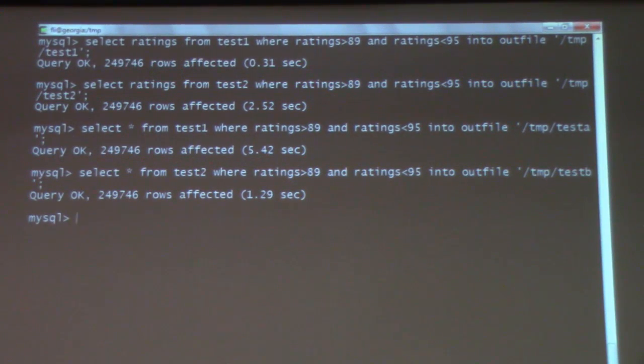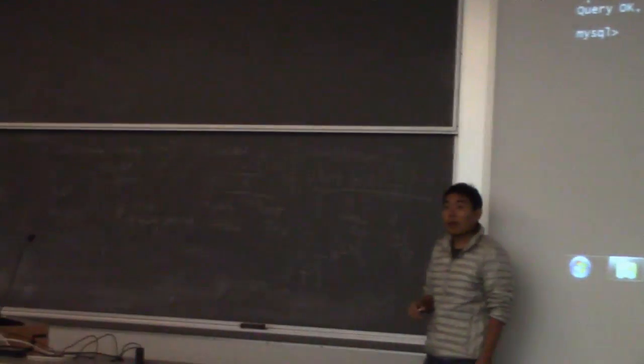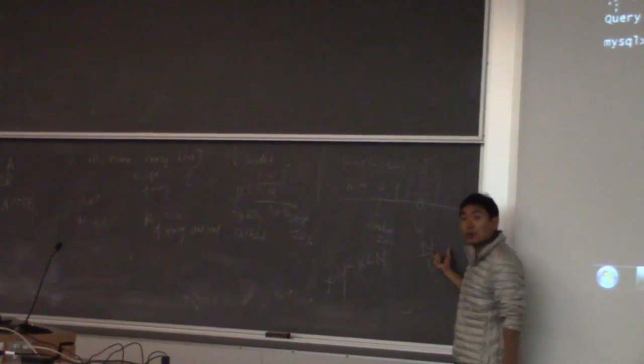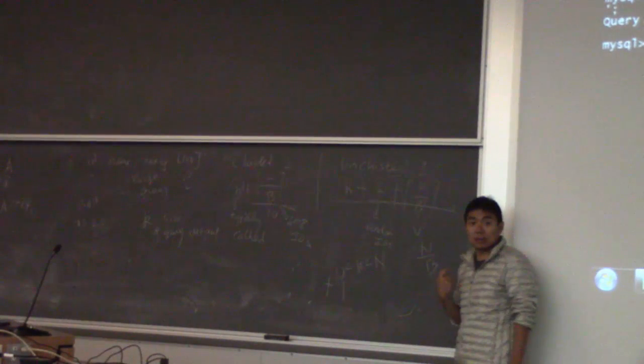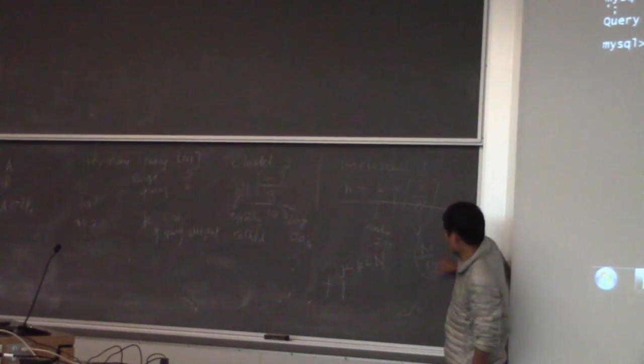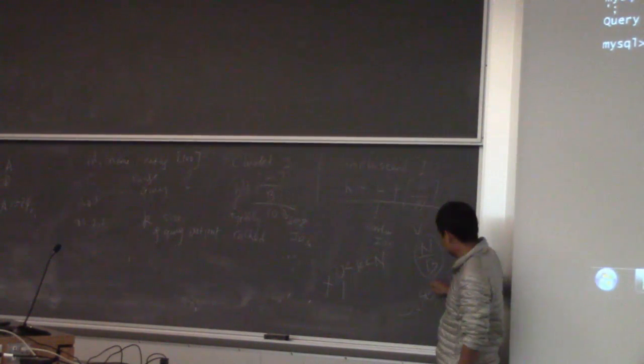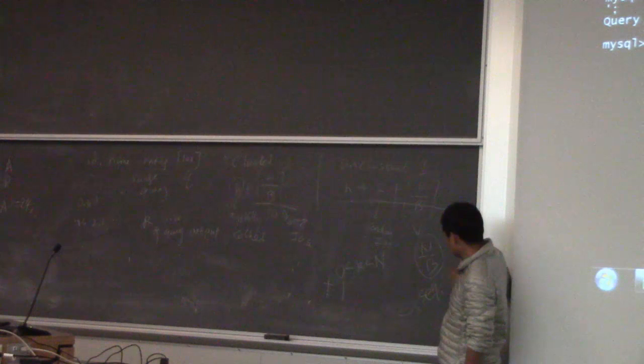Why? Because this value could be much bigger than N over B, because k is the value between 0 to n. But you don't have n pages, you only have n over b pages. And these are sequential IO as well.